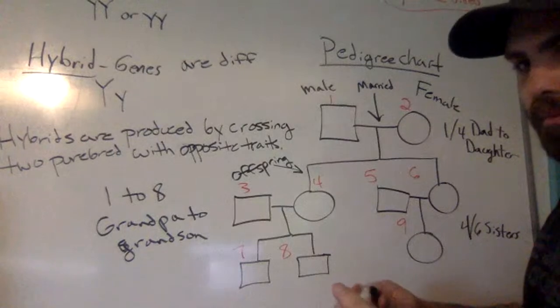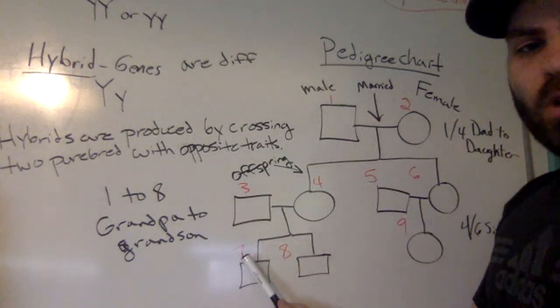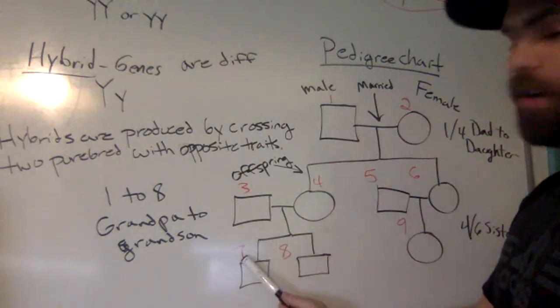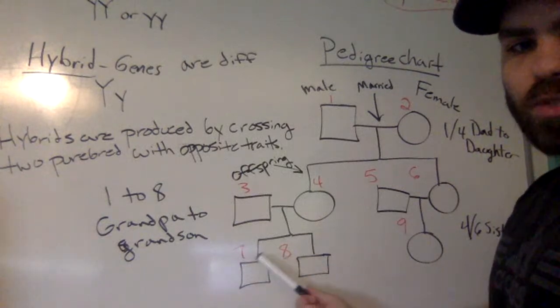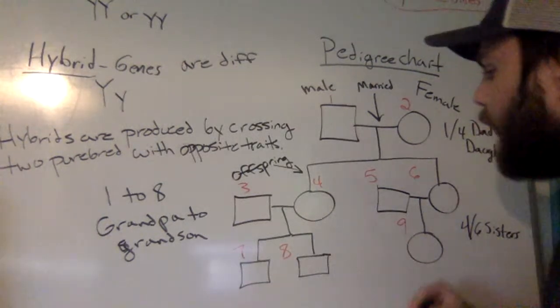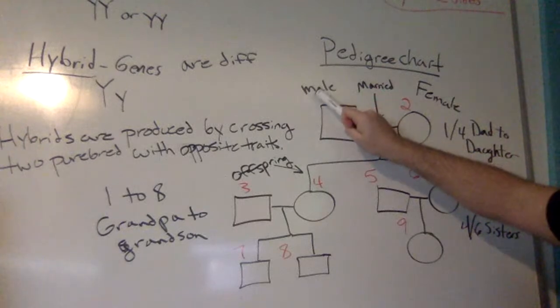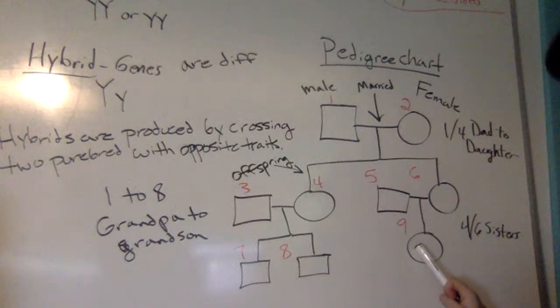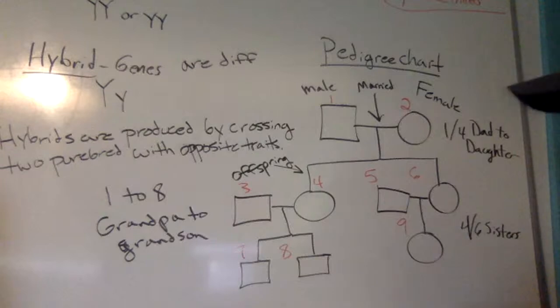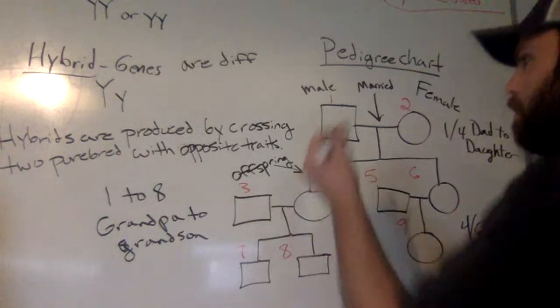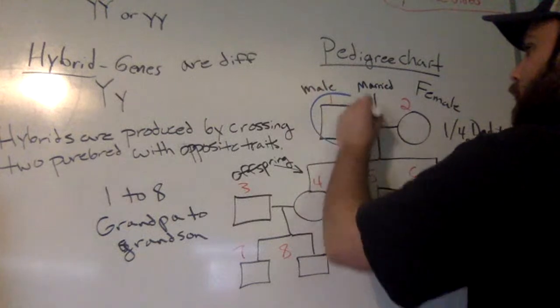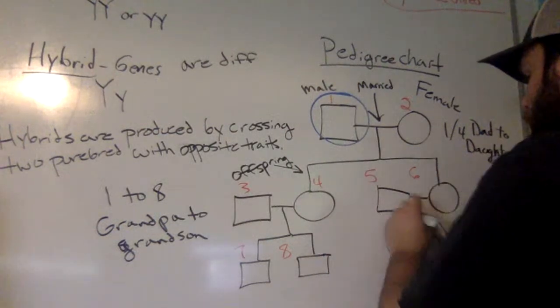All right. Now, if we did it with 7 also, that would be the same thing. It'd be grandpa to grandson, because 7 and 8, those guys are brothers. Now, what if we went from 1 to 9? What would that be? So I want to see, let's go from 1 to 9.